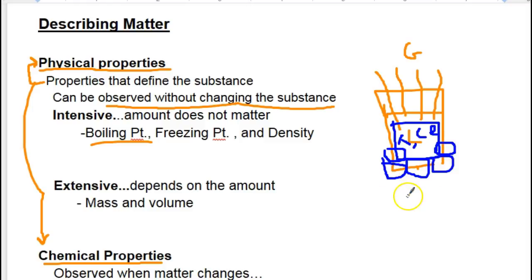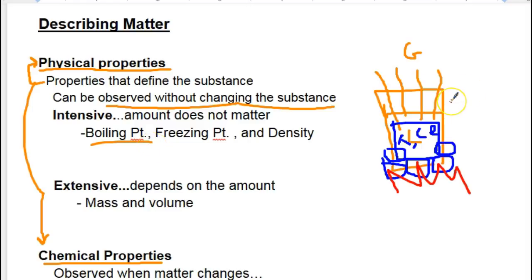And if we then applied heat again, we went to red, we then applied heat again, we could then change this ice back into water in a liquid, and then if we kept producing heat, we could change it into a gas. And those are all changes of state. But the points where they change from one thing to the other, liquid to a gas, or a solid to a liquid, or liquid back to a solid, those are specific points for specific things.